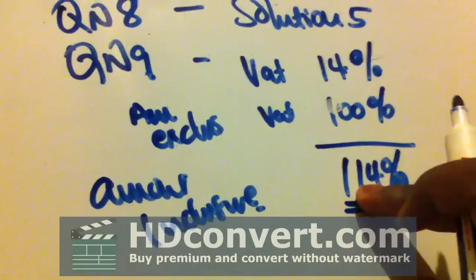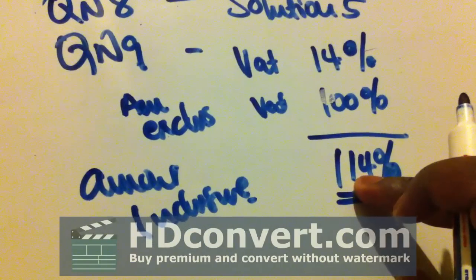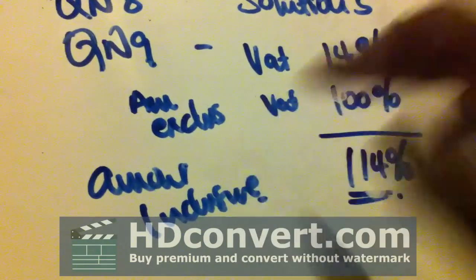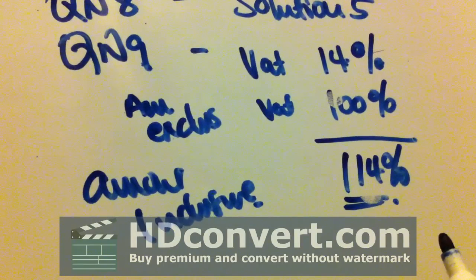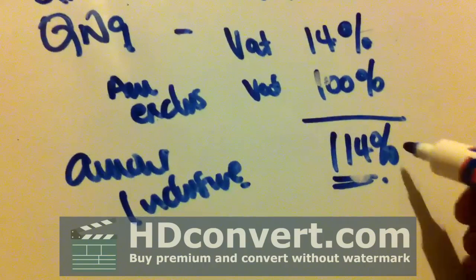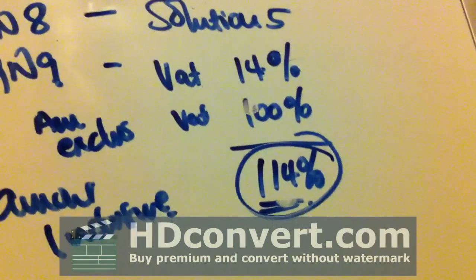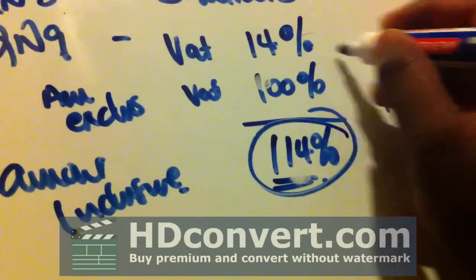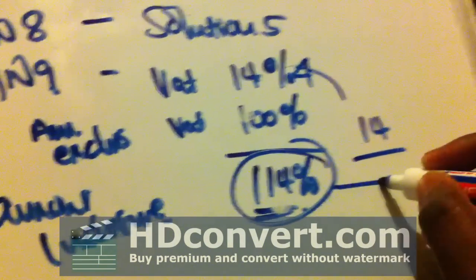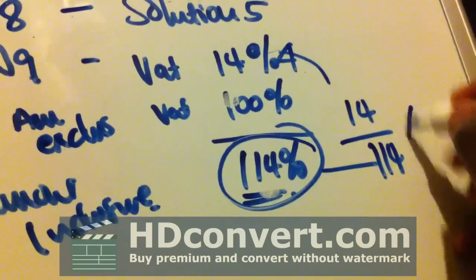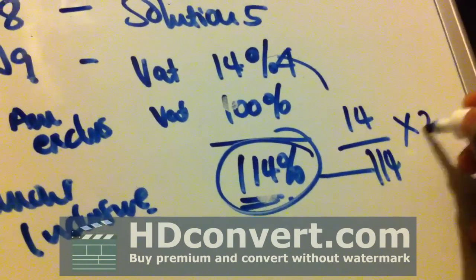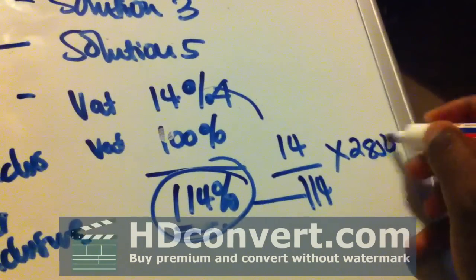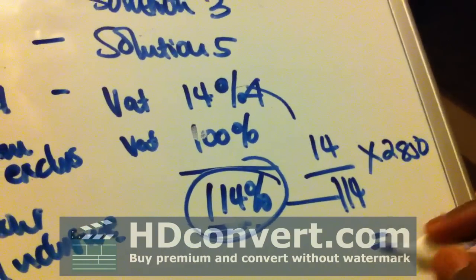So whatever amount that you're given, you need to determine: is it inclusive of VAT? Is it exclusive of VAT? If it is VAT inclusive, you use this as a denominator. If it is VAT exclusive, you use this as a denominator. So the amount that we're given is VAT inclusive. So we're going to take this as our denominator in our calculations. So we are looking for VAT, which is 14, over the denominator of 114 multiplied by 2850.